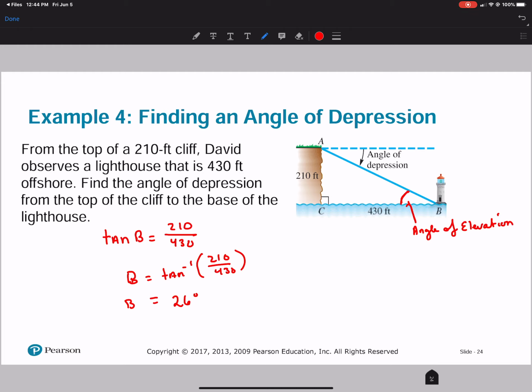So therefore the angle of depression A is 26 degrees, because these are alternate interior angles, so they are equal to each other. Just keep that in mind.